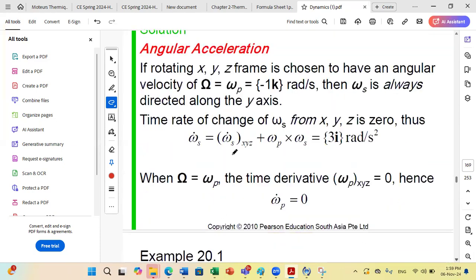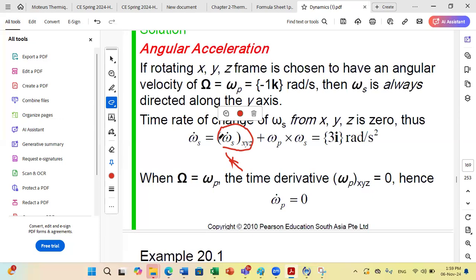Now, they said also here that the disk is rotating about its own axis at a constant angular rate. So when we sit on x, y, z, we just see the change in magnitude. We don't see the change in direction. And since the magnitude is constant, the derivative of the magnitude of omega s, the angular velocity along this direction, is 0.